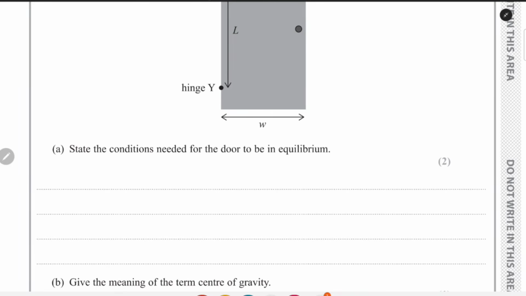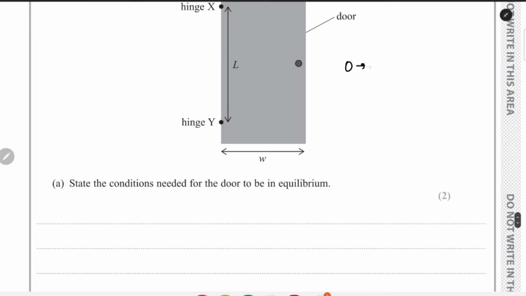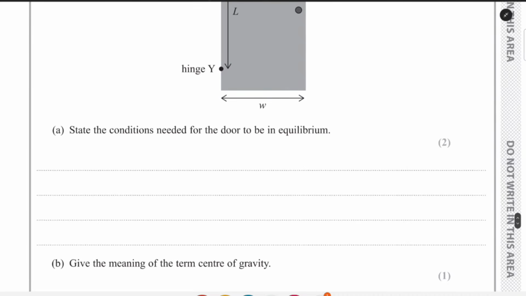For something to be in equilibrium, it must have zero resultant force and zero moment. So there must be no unbalanced or resultant force.